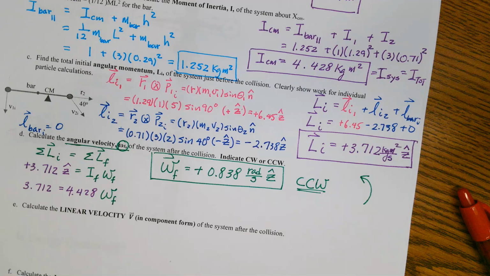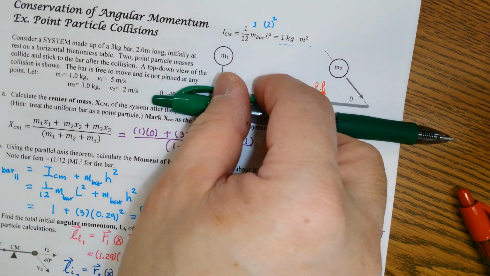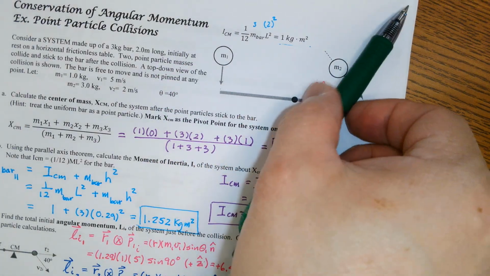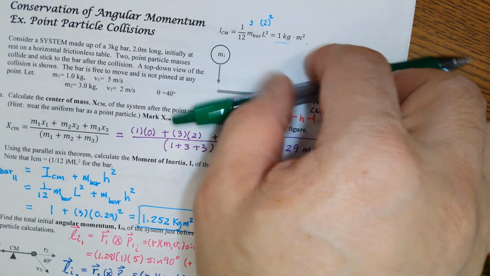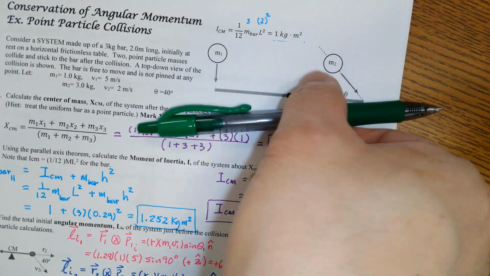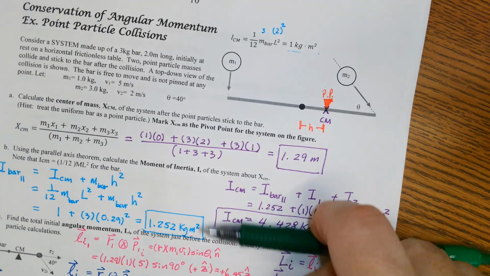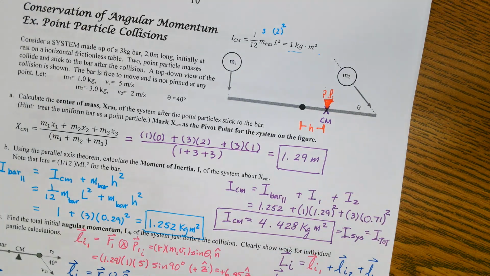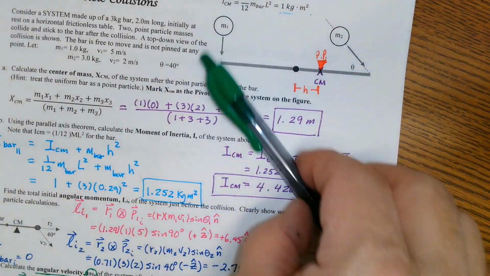Now that we know they're going to stick on this bar and this thing's going to start spinning about this pivot point, it's not going to stay at one stationary point. It's going to rotate and also move translationally because the surface is frictionless. Does that make sense? Because it's not going to stay there. It's going to move translationally like so.